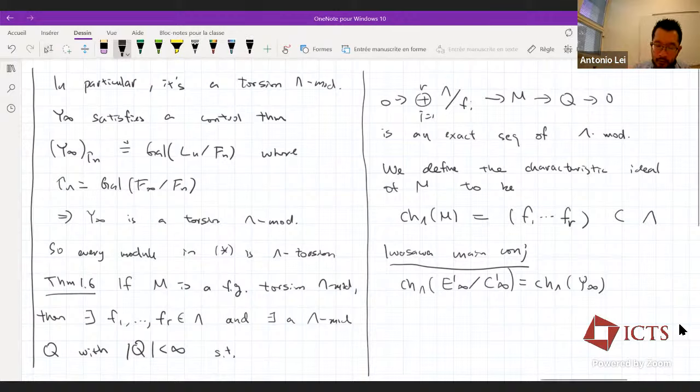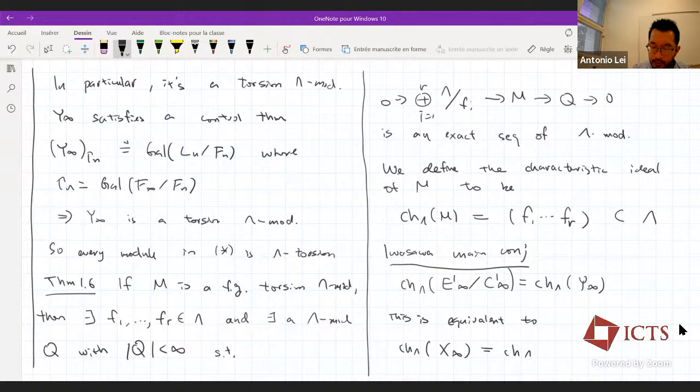And another thing you can observe is that this is equivalent to the characteristic ideal of X infinity being the same as the term in the middle, which was U1 infinity over C1 infinity, and we know what it is precisely.